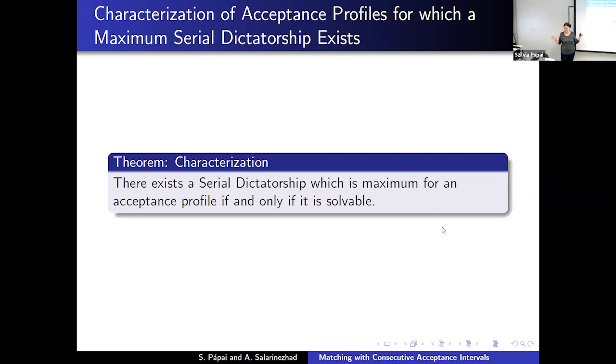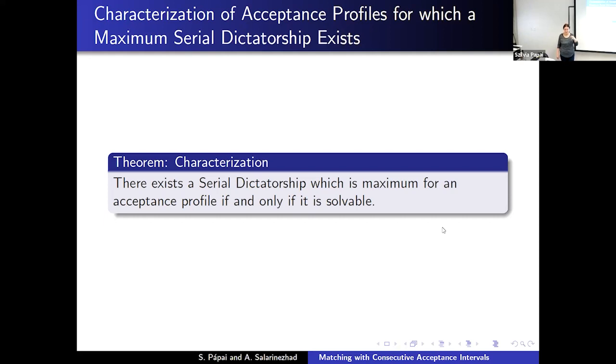We know that it's not true for an arbitrary acceptance profile, that we can always find some permutation of the agents for which, regardless of the strict preferences, they can always find a maximum matching. But it is true for these solvable profiles.